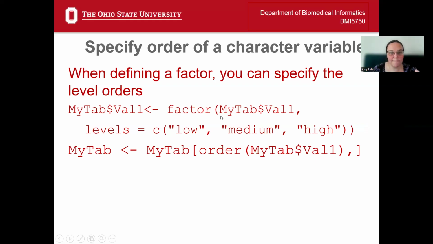So we're factoring this table$column, and we're setting the levels to be a vector in this order. And then in this next command, after I factored it, I'm going to order my table based on this value 1. So it's going to go all of our low records, then our medium records, and then our high records, saved into the same table we're working with.